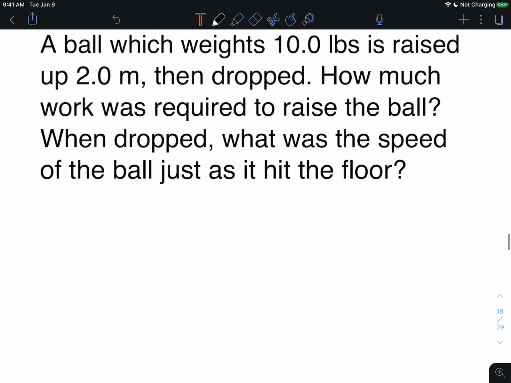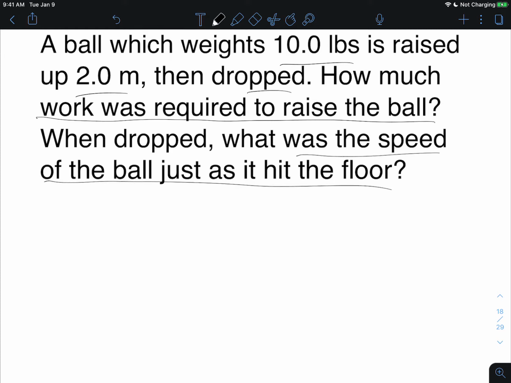Okay, let's look at an example. So we've got a ball, it weighs 10 pounds, and it's raised 2 meters from the ground. Then it's dropped. We want to know how much work was required to raise the ball, and then when it was dropped, what was the speed of the ball just as it hit the floor. So we're looking at work here. So work is equal to force times distance, and then force is equal to mass times acceleration.